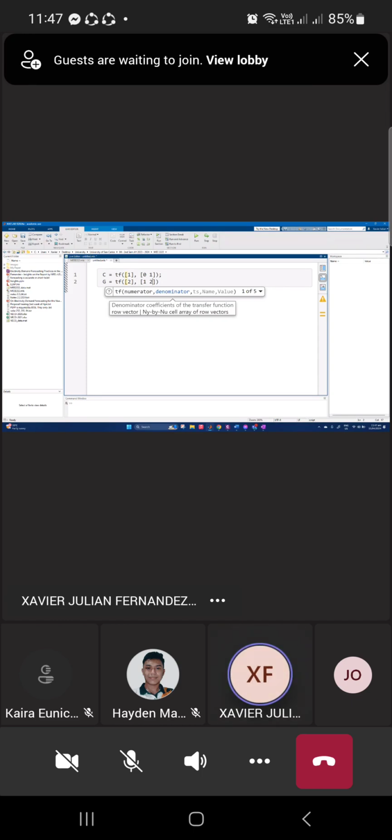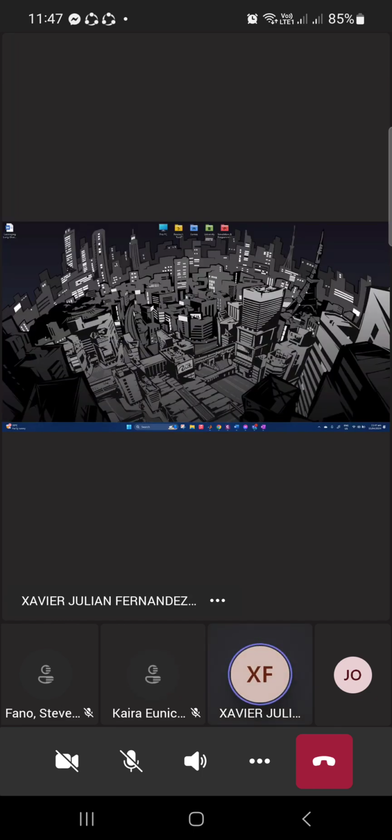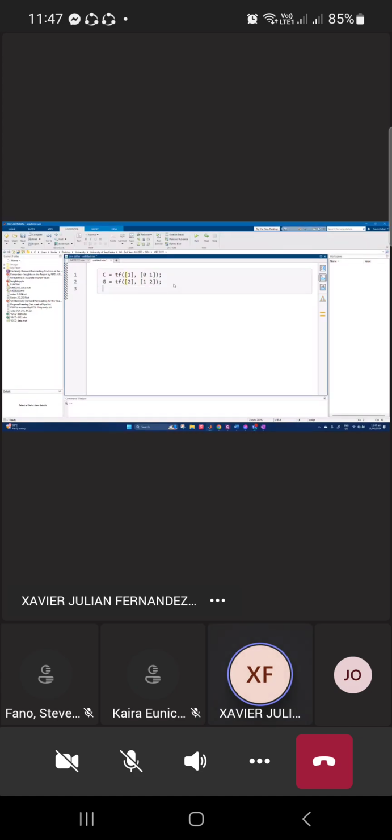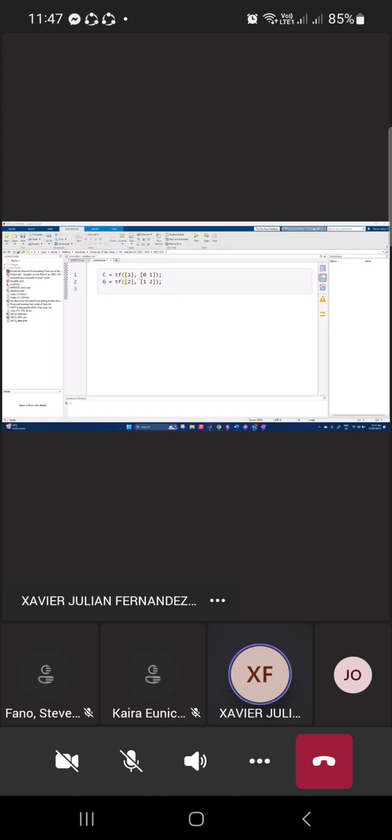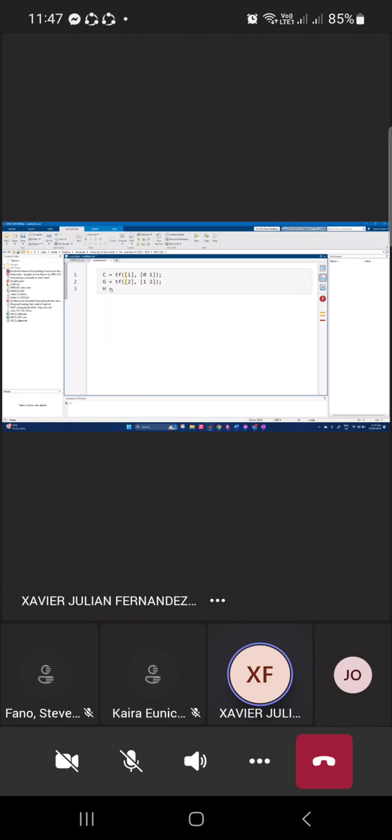Next, the feedback transfer function is 1 over s plus 1, so numerator 1 and denominator 1, 1. So let's check: C equals 1, G equals 2 over s plus 2, H equals 1 over s plus 1.